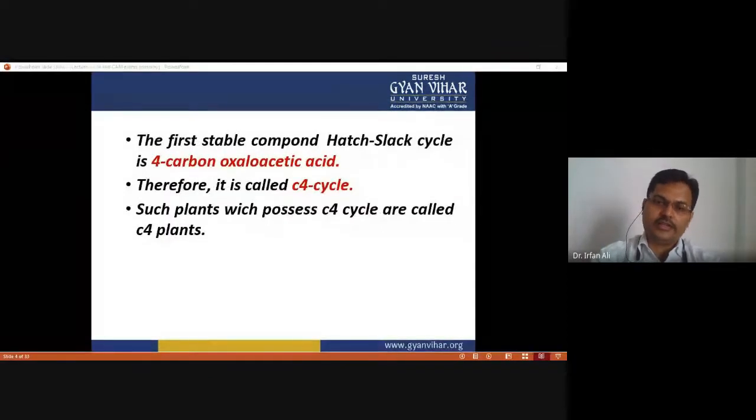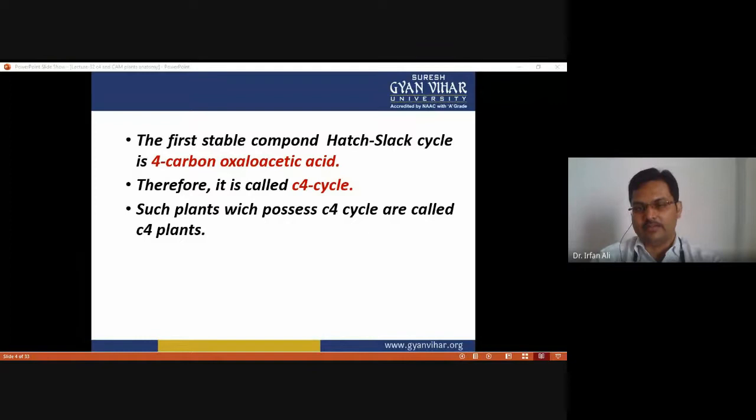We already discussed that the first stable compound formed during the Hatch and Slack cycle is oxaloacetic acid, which is a four carbon compound. Therefore, the plants which carry out the Hatch and Slack pathway are called C4 plants, and the cycle is called the C4 cycle.